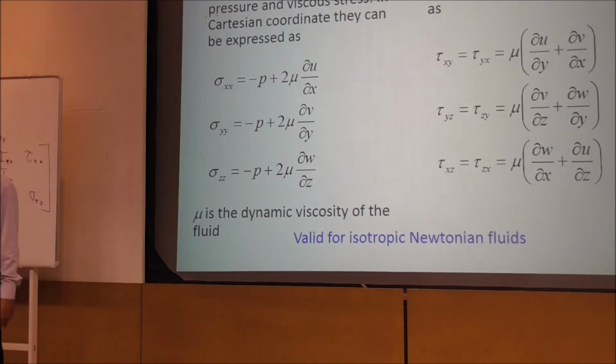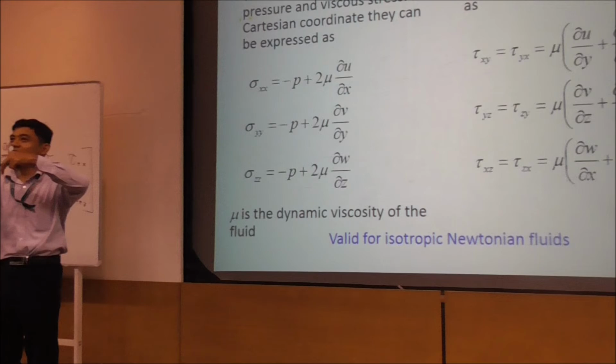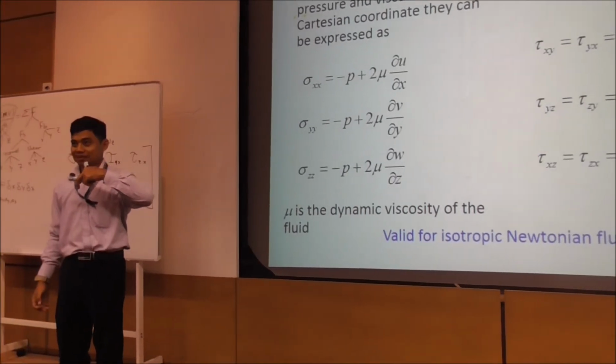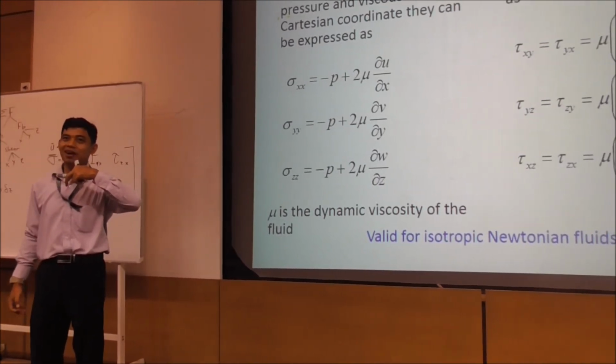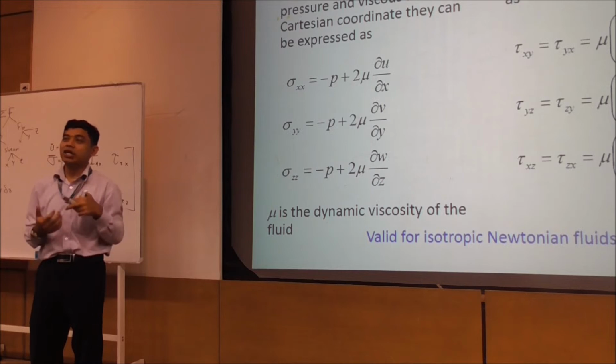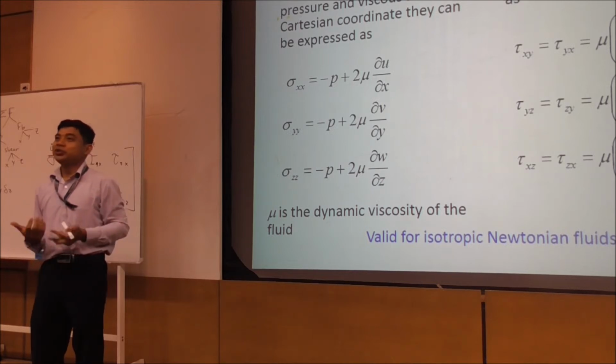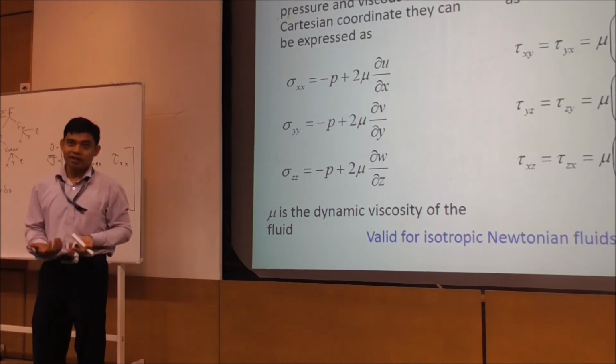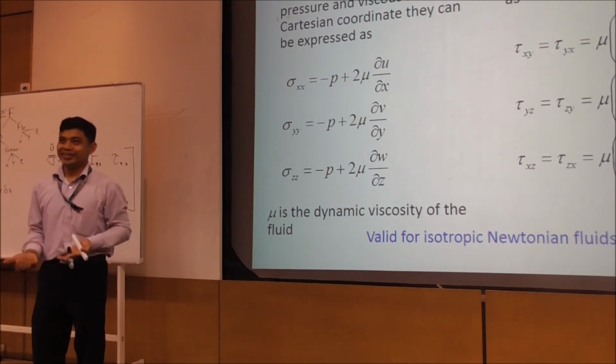What isotropic means is the properties in all directions are the same. Is there any material that has different properties in different directions? A lot. A lot of materials are actually non-isotropic. But fortunately, our lovely water is an isotropic Newtonian fluid.